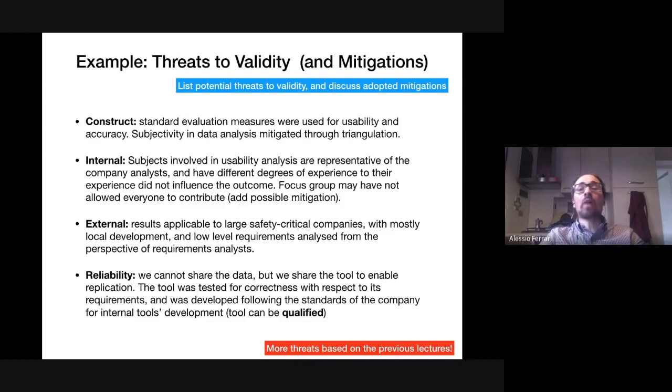This may be required by your company, and if you follow that in the development of your tool, you can provide evidence that your results are even more reliable. If you cannot show that, it is acceptable, but of course the evidence that you provide is less representative, less relevant, less strong in terms of support to your theory.